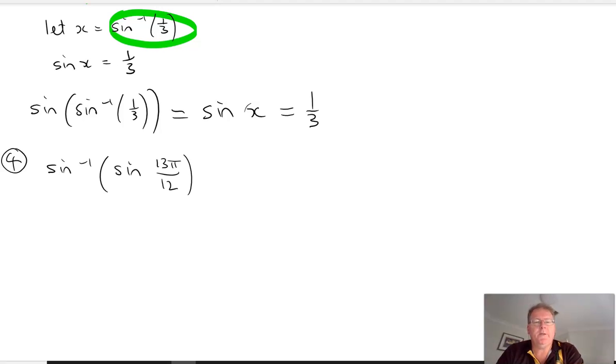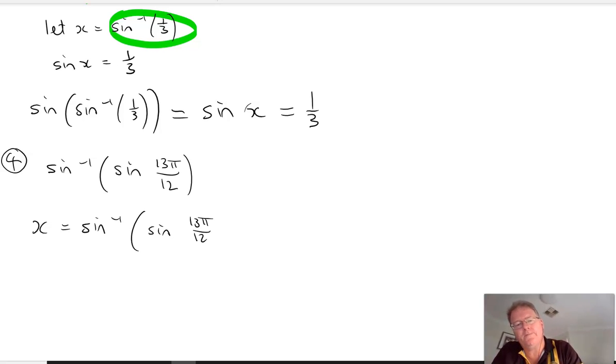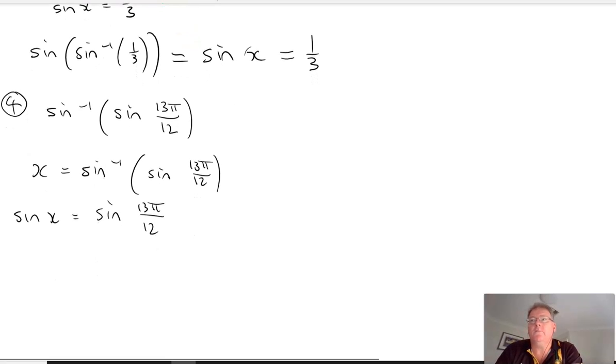Okay, so first thing we do is make that into a statement. So let's call that x is equal to sine minus 1 of sine 13 pi on 12. So moving the sine to the other side, we're going to have sine x is equal to sine 13 pi on 12. Okay, now it appears to have the sine on both sides, so therefore x should be 13 pi on 12.